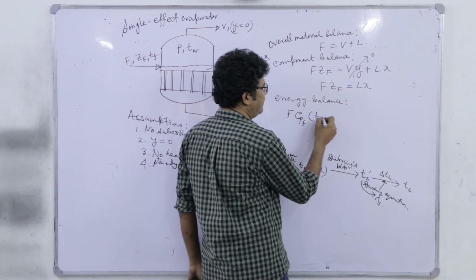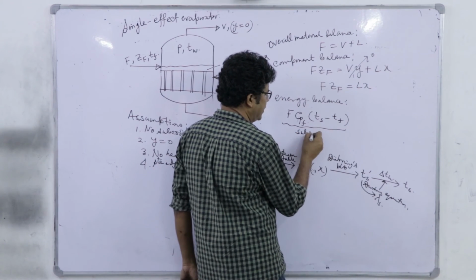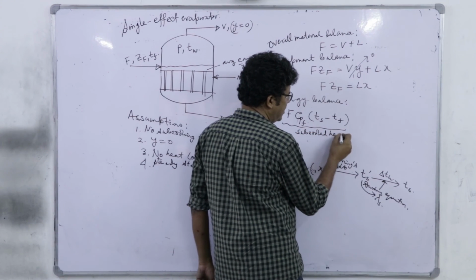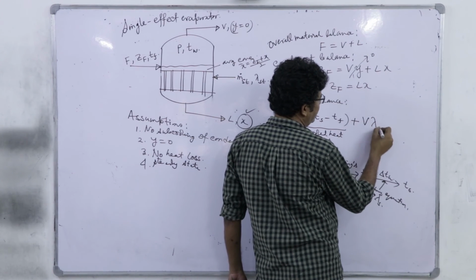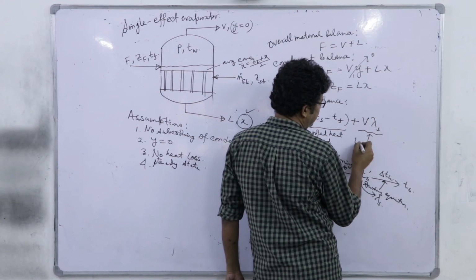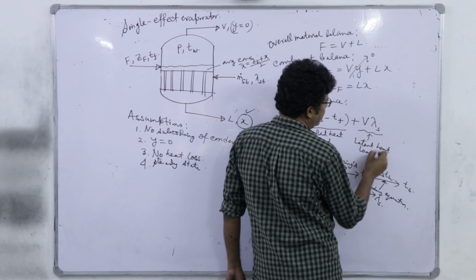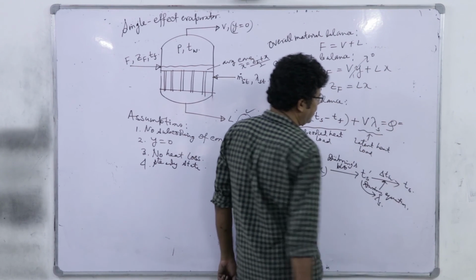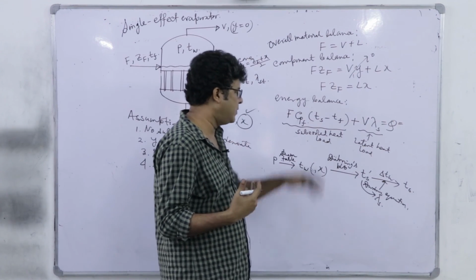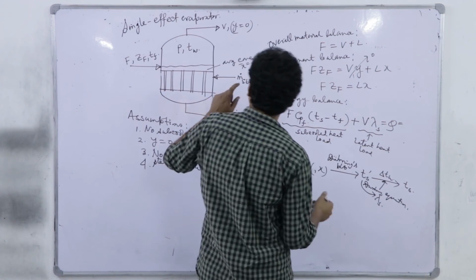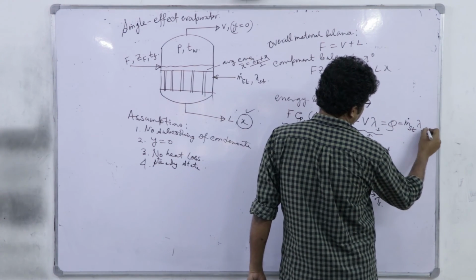So, F into Cpf into Ts minus Tf, this part is subcooled heat load, right, plus V into lambda s, latent heat load. That is the total heat exchange Q dot, right, total heat flow rate basically into the system, which is being delivered by the condensing steam only, m dot st into lambda st, right.